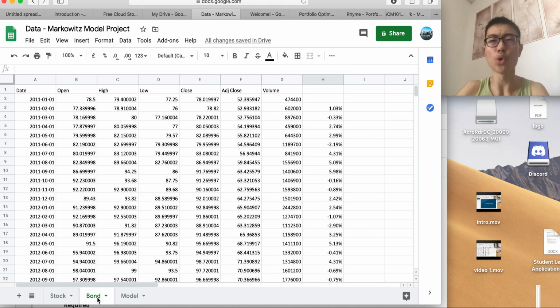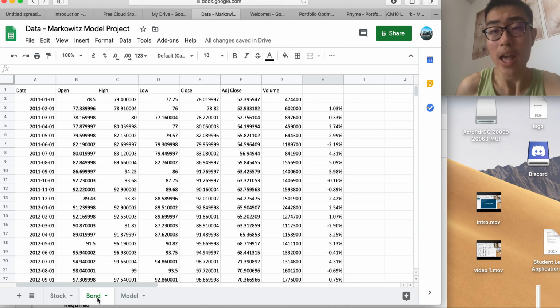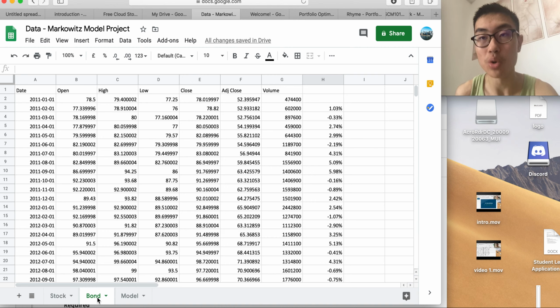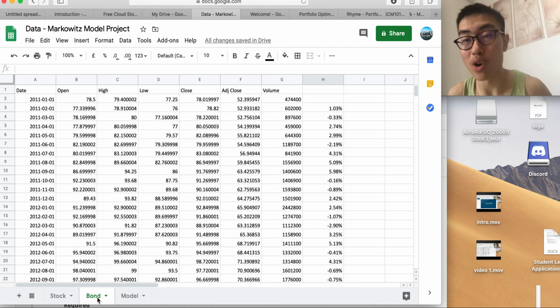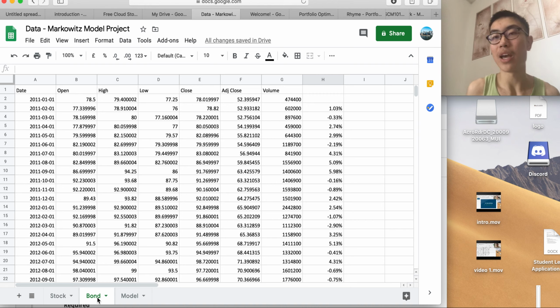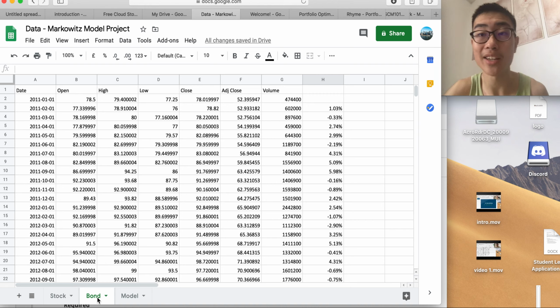In case you don't know what a bond is, it's a kind of traded financial instrument that governments, or especially governments or companies, issue. Basically it means they borrow money from you, that is a principal sum, and they're going to give you a certain return, which we call a coupon. For example, if you lend $1,000 to the bank, the bank may pay you maybe 10%, maybe 5% each year as its coupon.